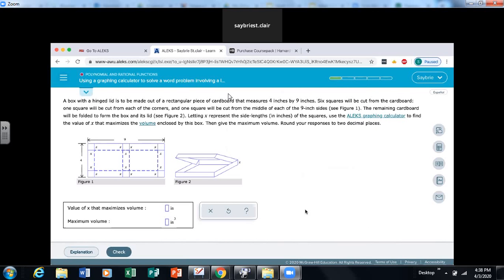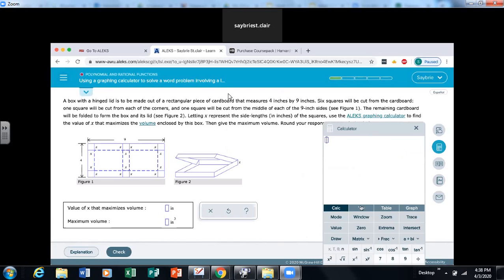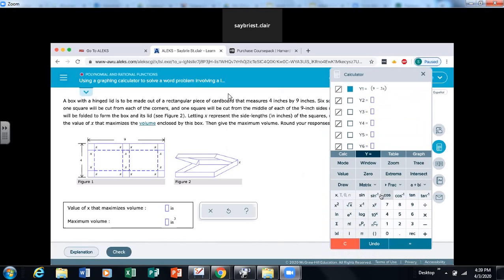So this one is 9. So we need to get that graphing thing going. Alright, 1, you're going to get 9 minus 3x. But that needs to be divided by 2 though, that whole thing. I don't know how you would do that.